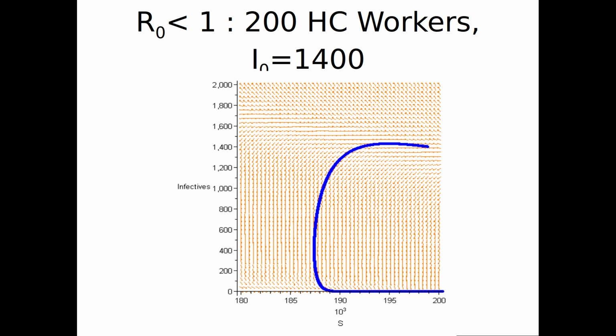I plug those into the differential equations, and I get back S dot is such and such, I dot is such and such. If I dot is high, it's going to be pointing upwards. If I dot is negative, it's going to be pointing downwards. And for S dot, if it's positive, it'll be pointing this way, negative pointing that way. So there's no mystery here about where it is.